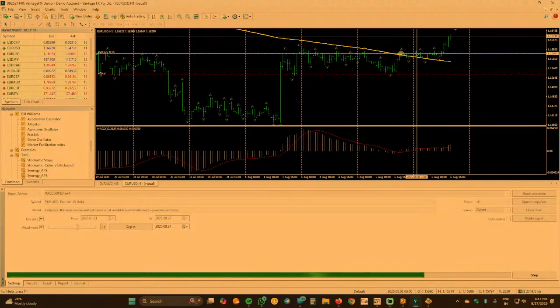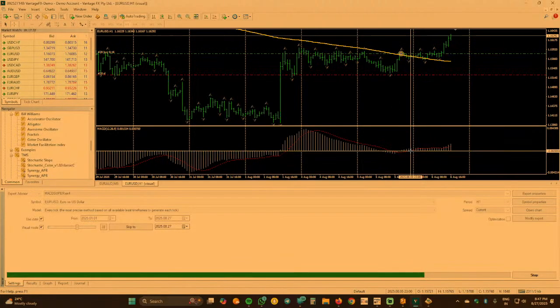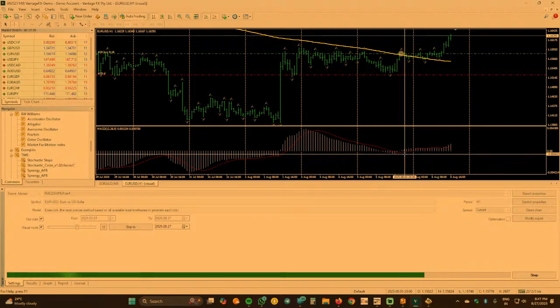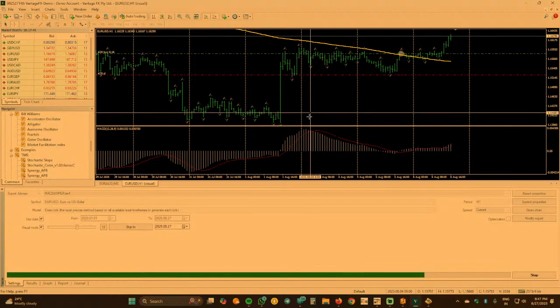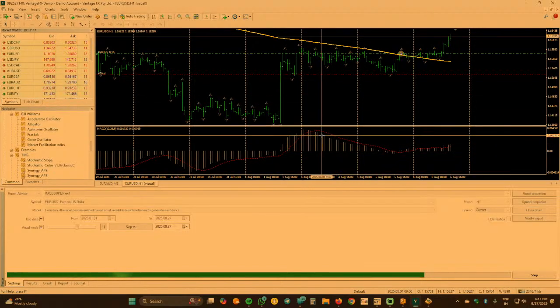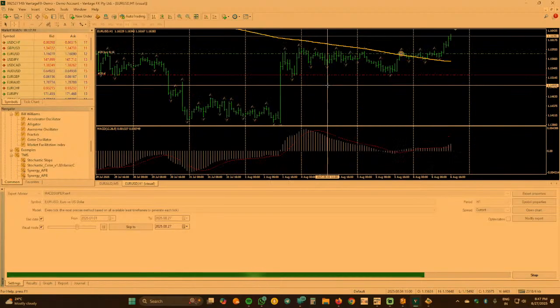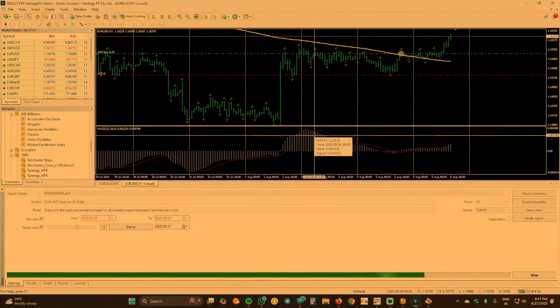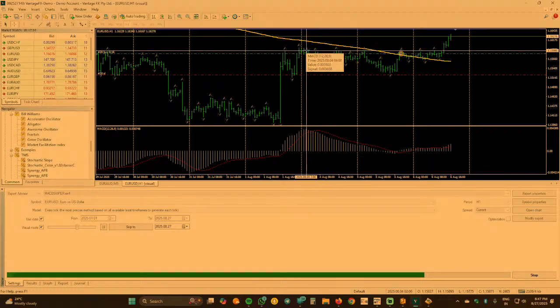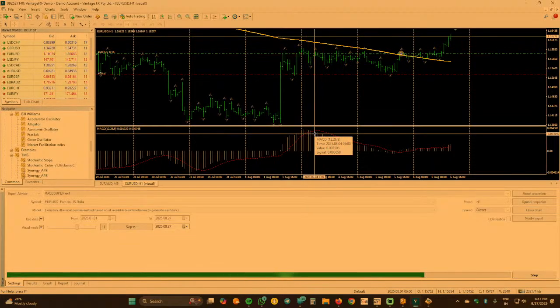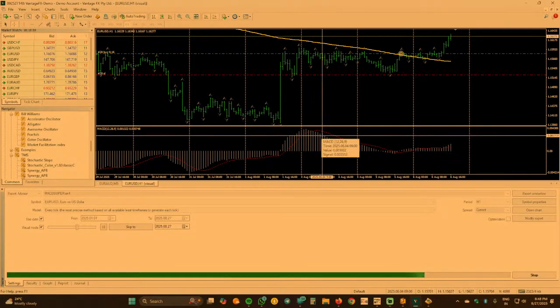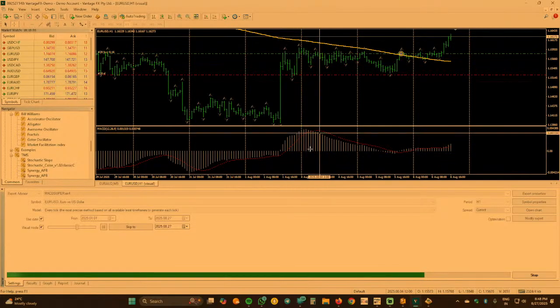So it took a buy trade right here, and there was a valid crossover below the zero line. Maybe the algo calculated it, so it must be right. But if you see here, it should have taken a sell trade right here. It was below the moving average. There was a crossover above the zero level. I don't know why it's not taking a trade.